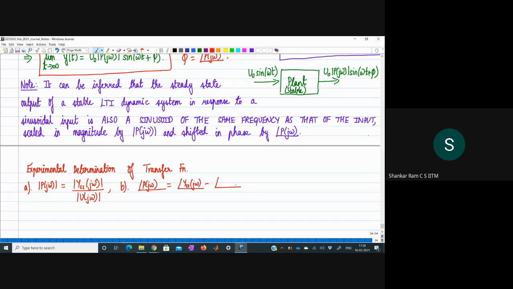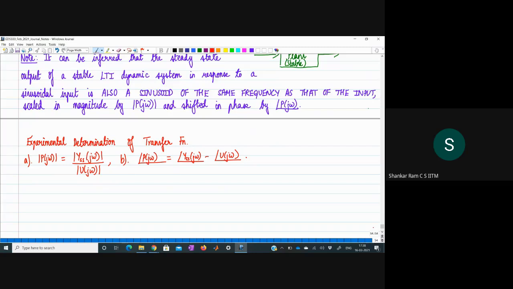If I am able to do this from experiment, I can get P of j omega, and so I get the plant transfer function. So in a certain sense, I can determine the plant transfer function using experiment, by applying sinusoids of varying frequency. That is something very, very important.